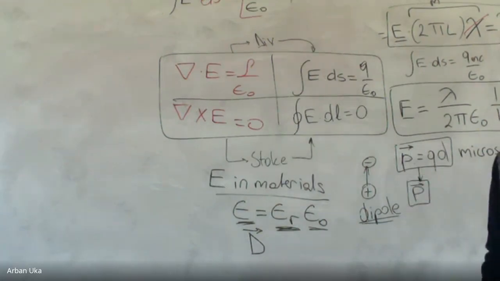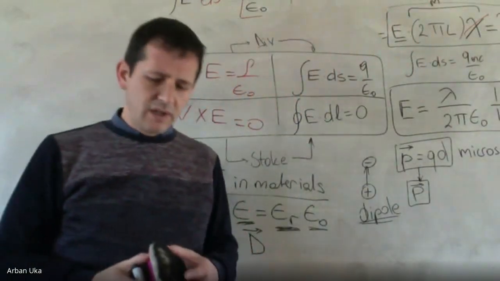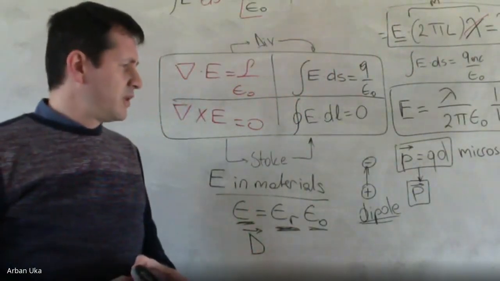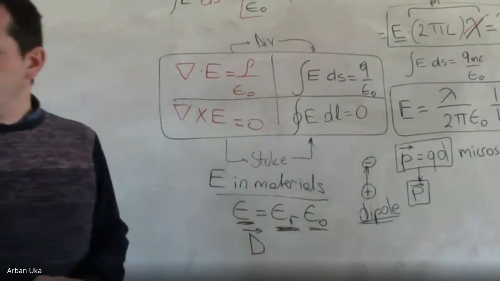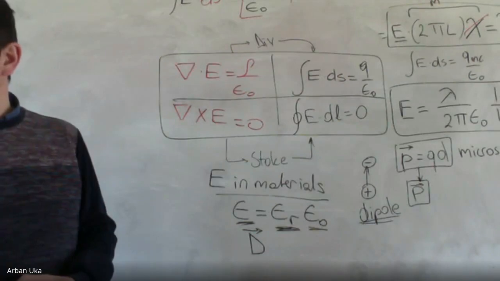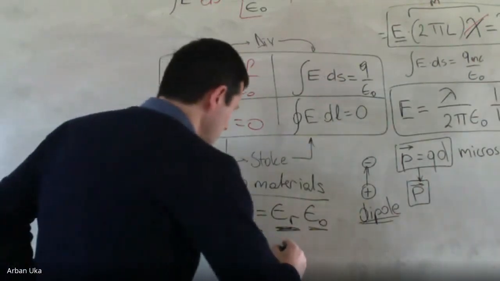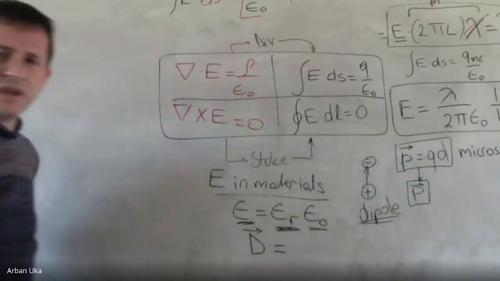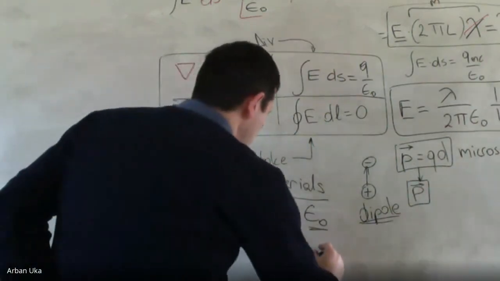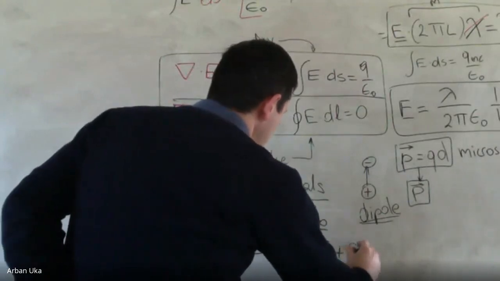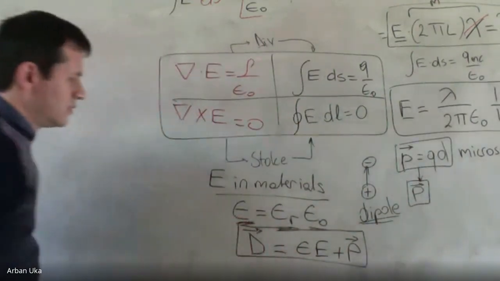So on most materials, if they are inserted inside of an electric field, the polarization vector P will arise, and then once this polarization vector P arises, we're going to have a new quantity, which is the displacement vector, the D, which is equal to epsilon E plus P. Okay, so we'll get this new quantity.